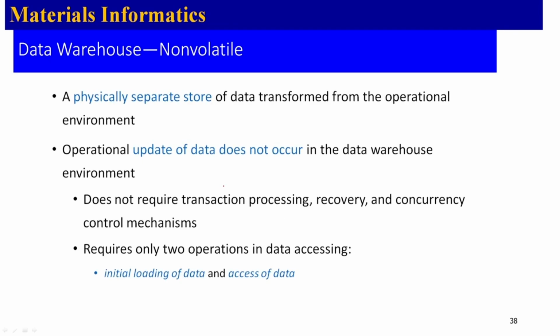It must be non volatile. Today it is present, tomorrow it is not there, it should not be that. Okay. So, a physically separate store of data is required. Many of you have heard about it, all these big companies like Google, Facebook, or Meta, they are all creating various kinds of data stores, and they put a lot of data there, which mostly is personal data or your own information from different users.